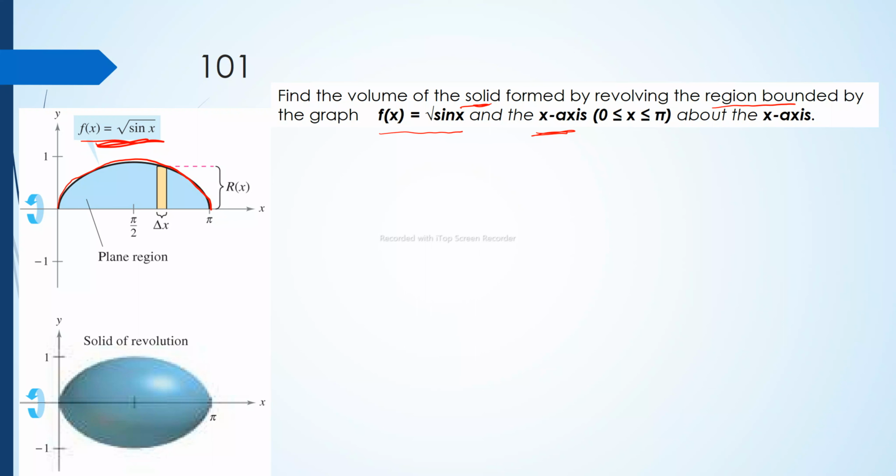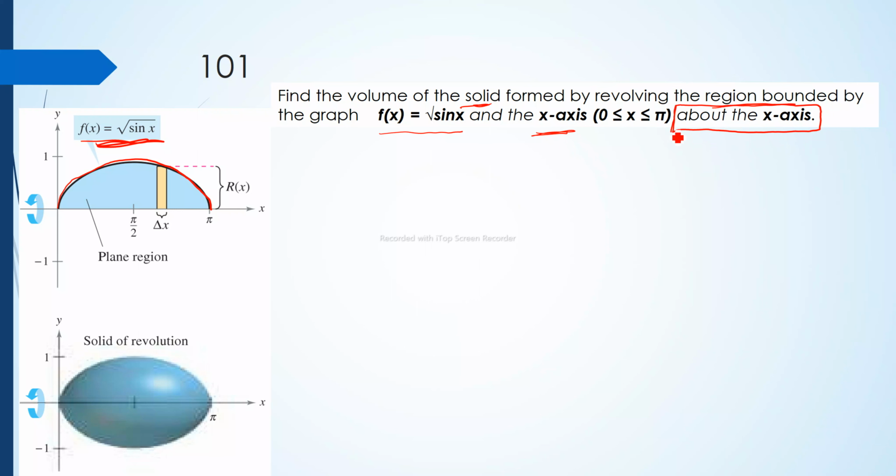Next, we try to see on what axis this specific curve is revolving. Here, the solid is formed by revolving the region bounded by the graph and the x-axis about the x-axis. Even with no graph there, you'll know that the region bounded by the graph revolves along the x-axis.